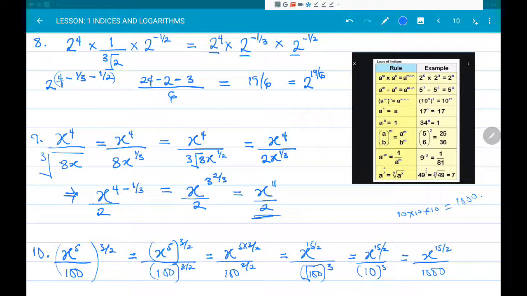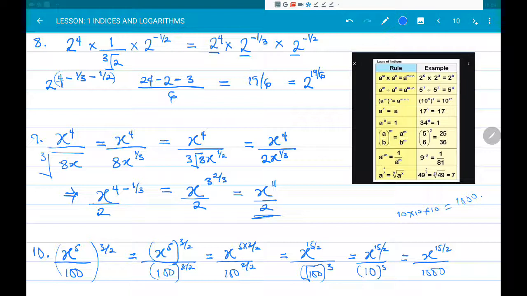Now, 5 times 3, 15. So we have 15 over 2. So we have x raised to the power of 15 over 2 over 100 to the power of 3 over 2. This is the same thing as when we have the root of 100 to the power of 3.